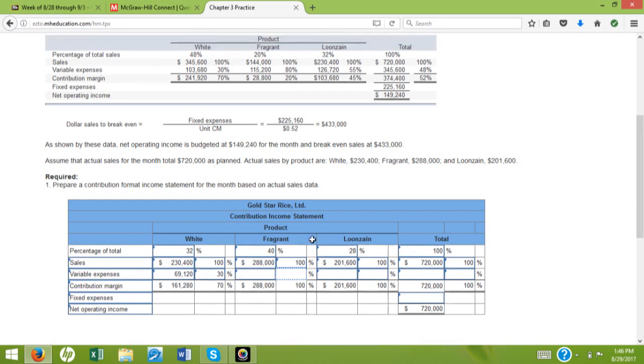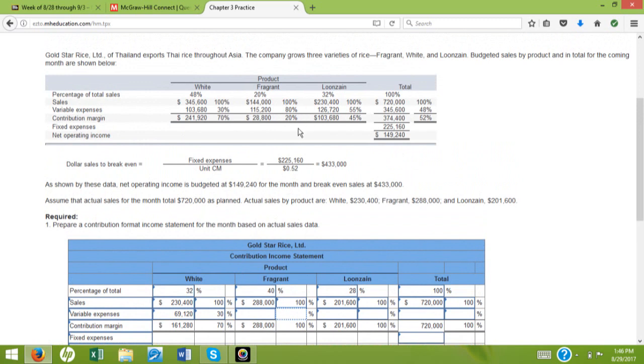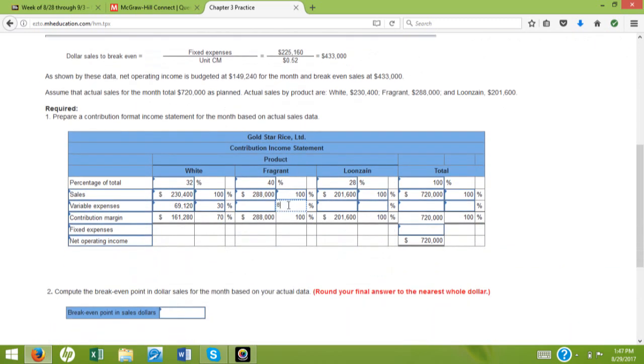We're going to do the same thing for fragrant rice. We're going to go up here, and it says the percentage of variable expenses is 80% of sales. Let me put that in there. And then we're going to multiply 80% times 288,000. Excuse me, it's 230,400. Whoops, I'm in the wrong column.